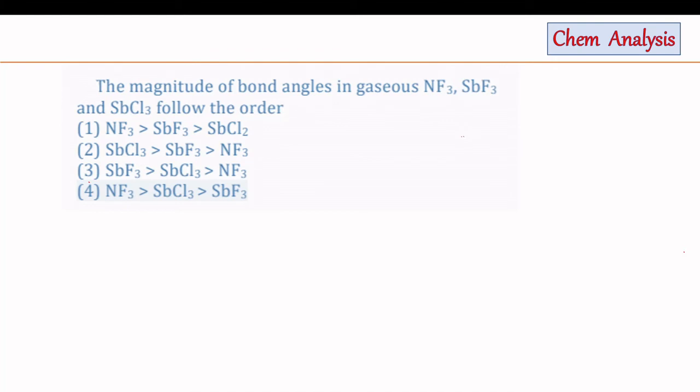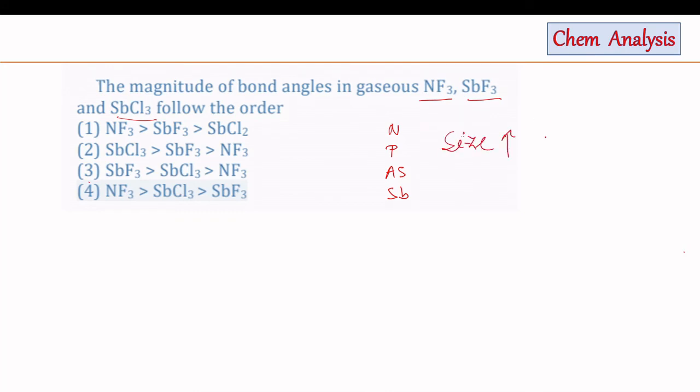Here it is asked, we have to tell about the order of bond angle for gaseous NF3, SbF3 and SbCl3. As we know, when we go from top to bottom in group 15, that is nitrogen, phosphorus, arsenic, antimony, the size of the element increases.